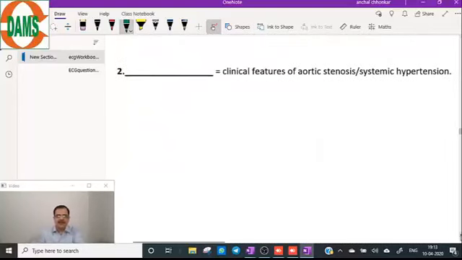In the second abnormality, the clinical feature of aortic stenosis is given, AS is given, and systemic hypertension is given. And how will we diagnose aortic stenosis? Aortic stenosis is diagnosed by an ejection systolic murmur at the aortic area.